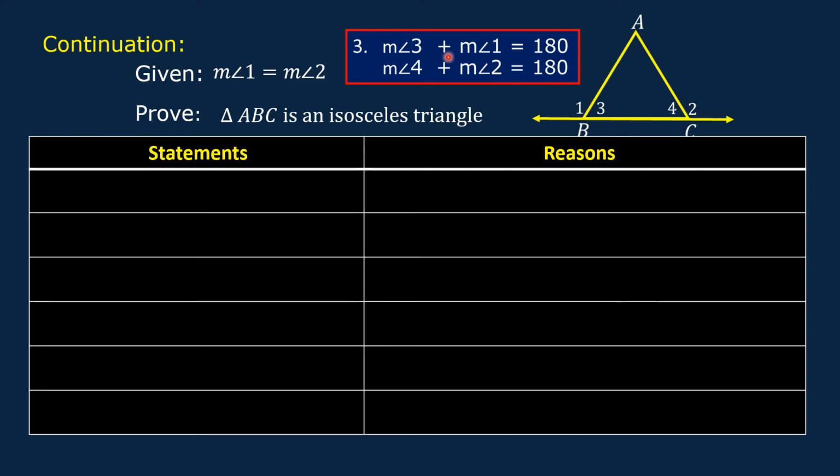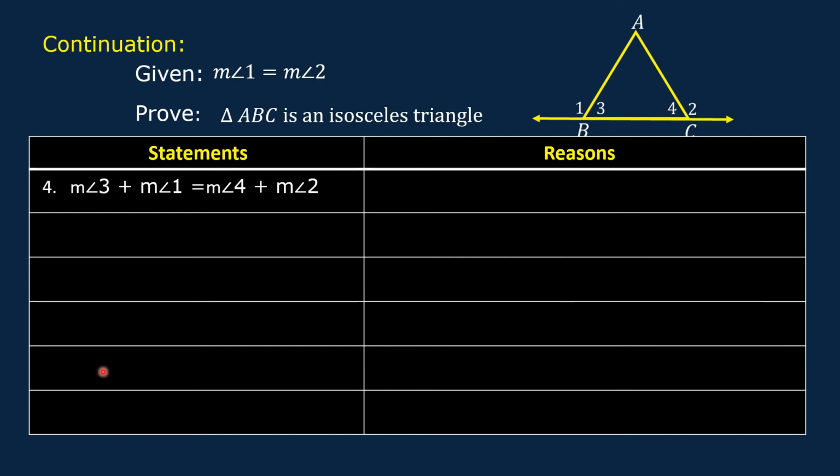Therefore, the left sides are also equal. So for statement number 4, we have the measure of angle 3 plus the measure of angle 1 is equal to the measure of angle 4 plus the measure of angle 2. The reason is transitive property of equality.